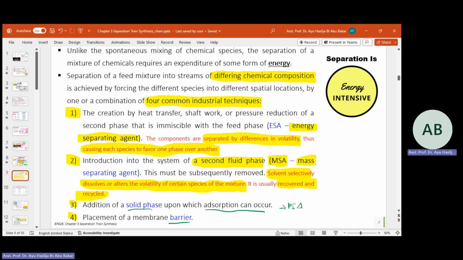Next week is Dialan. How about you? Possible. To separate two liquid mixtures, because of different density. Okay.